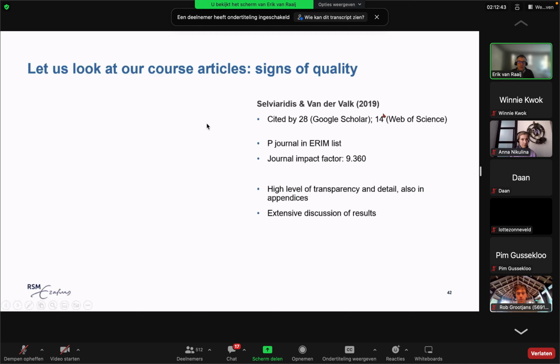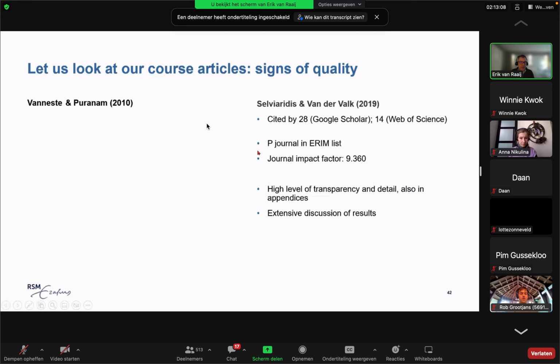It's a relatively recent article, 2019, so it doesn't have the chance to be cited a lot yet. A primary journal, which is a good sign, not a star, but primary, so it's good. High impact factor, almost 10. And if I read it, I see a high level of transparency and detail, extensive discussion of results. Of course, we're not going to give you bad papers to read.